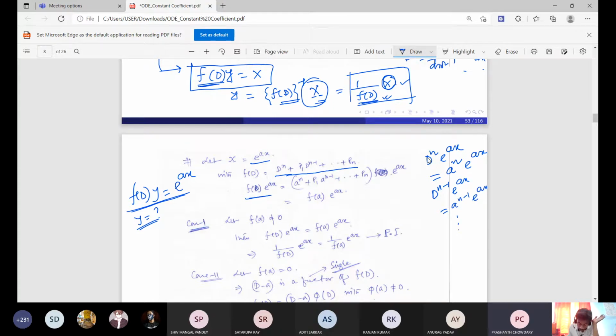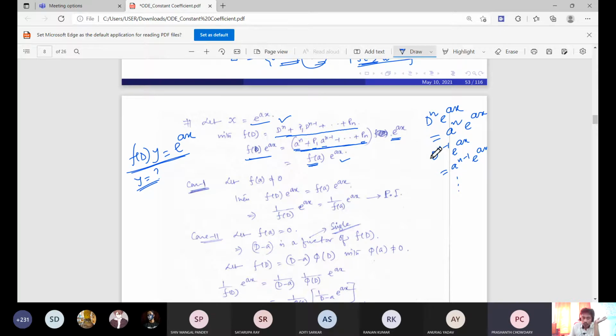So basically, if we apply f(D) on e to the power ax, it will give you back a to the power n into e to the power ax plus p1 a to the power n minus 1 into e to the power ax plus so on, pn e to the power ax. Now see the term inside the bracket, it is nothing but f(a), because f(D) is this term, so you just replace D by a. So you will have f(D) e to the power ax as f(a) e to the power ax.